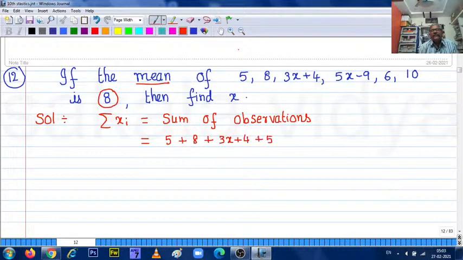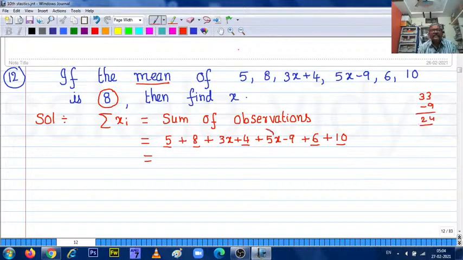The fourth one is 5x minus 9. The fifth one is 6. The sixth observation is 10. Let us add. First let us add the numbers. 10 plus 6 is 16. 16 plus 4 is 20. 28. 28 plus 5 is 33. And we have negative 9. 33 minus 9, you will get 24.